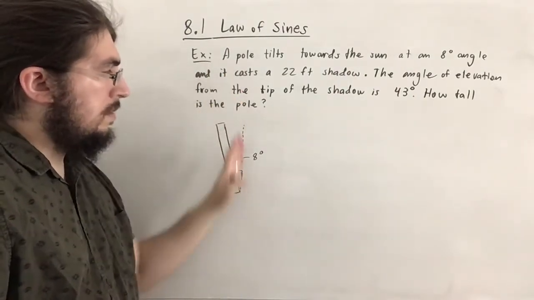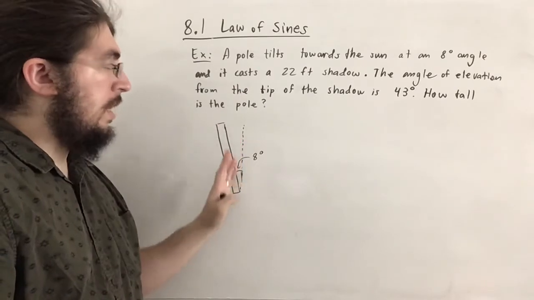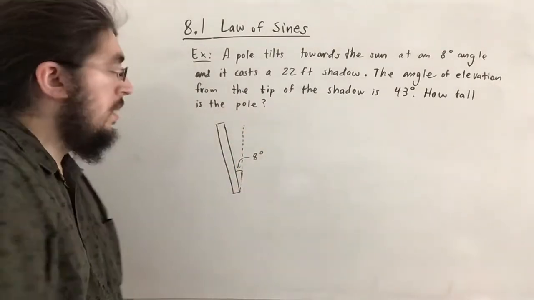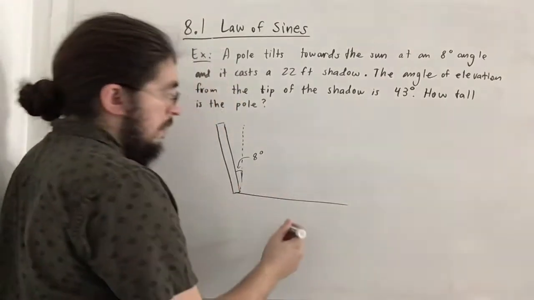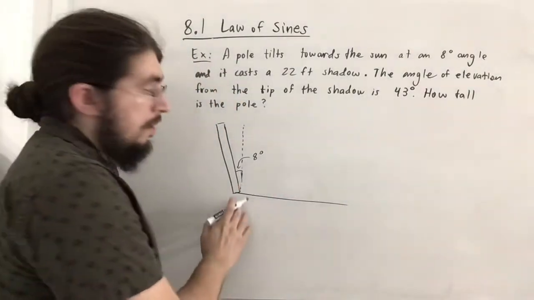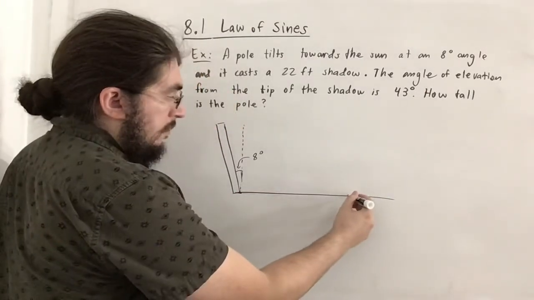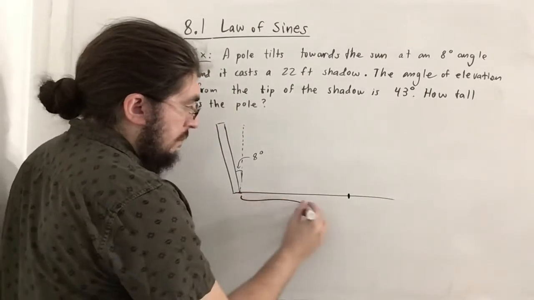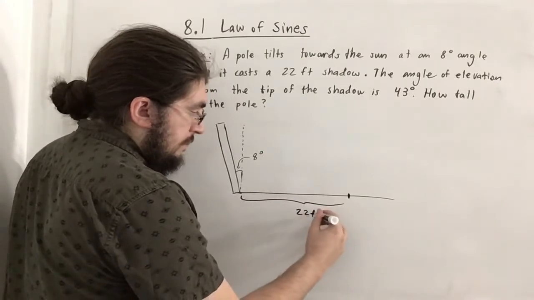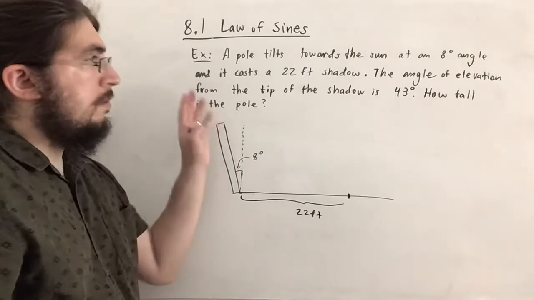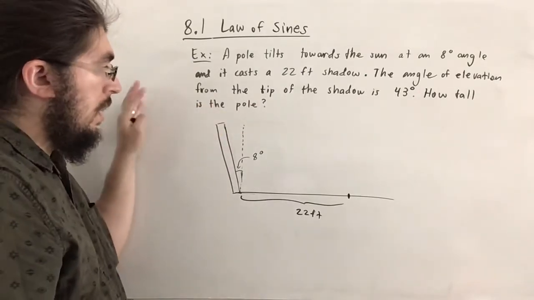So the pole would normally stand straight at a right angle, but being tilted, we know that's the angle of tilt. And the floor here, we'll draw it to be the length of, let's say, 22 feet for the shadow. This is actually the floor, but imagine the shadow's over here. That's 22 feet.